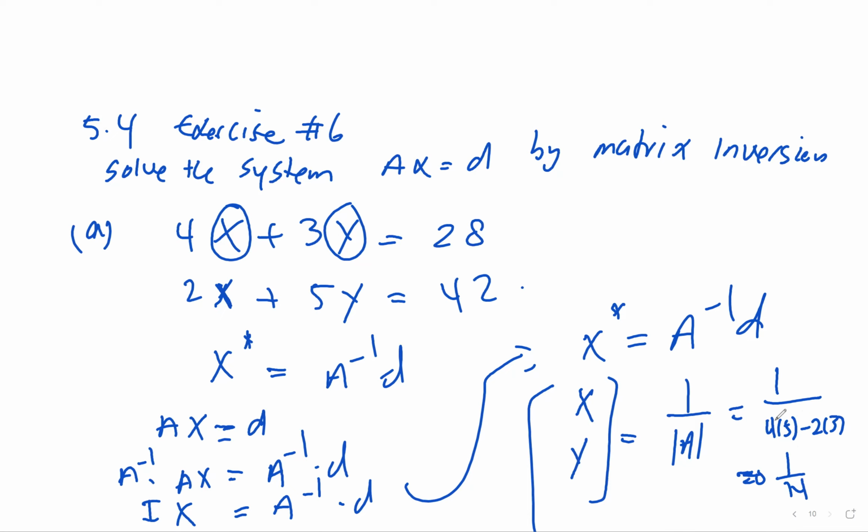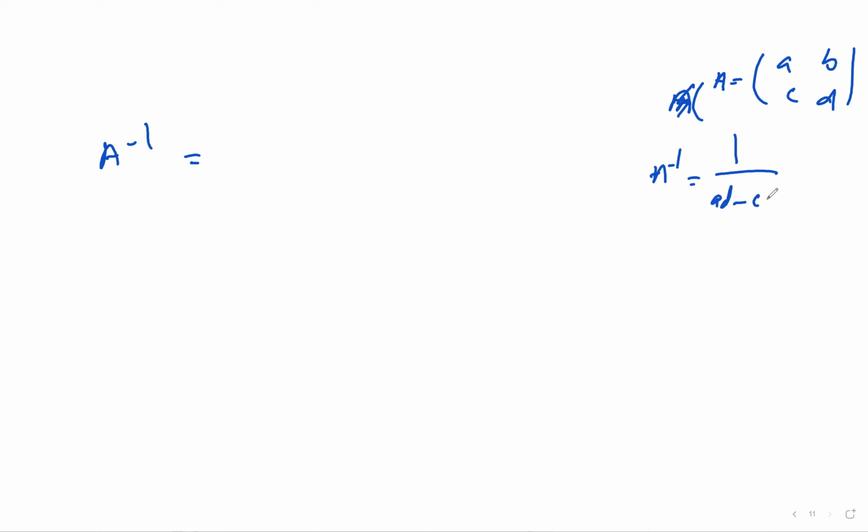The way you write it, A inverse: let's say you have a matrix A that's A, B, C, and D. When you try to find the inverse of A, that is equal to 1 over AD minus CB, times the matrix where you flip these two and change the sign of those.